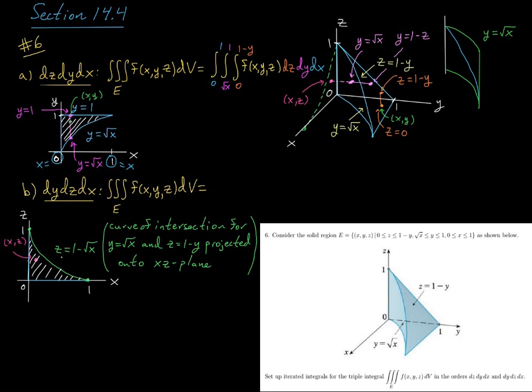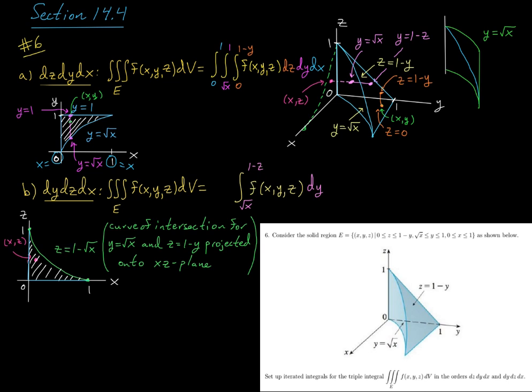So for a fixed xz, y varies from cylinder to plane. So let's go ahead and write that down. Just got my integral of my function. And now we're specifying the bounds on y, and y is varying from the cylinder, which is root x, up to the plane when y is 1 minus z.